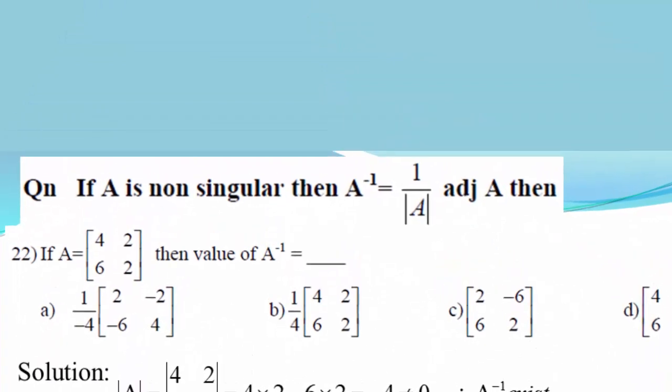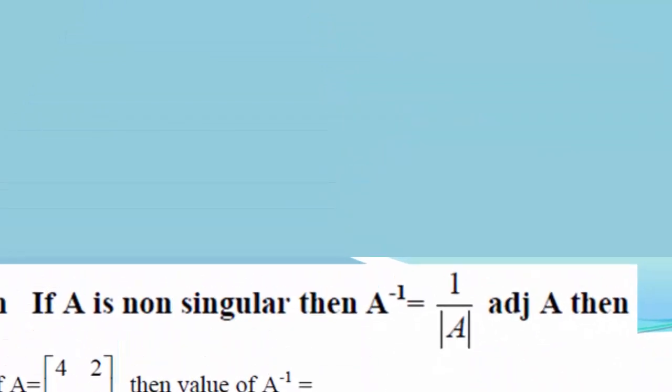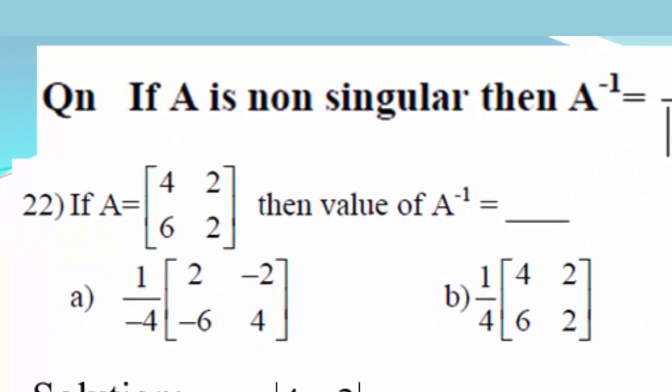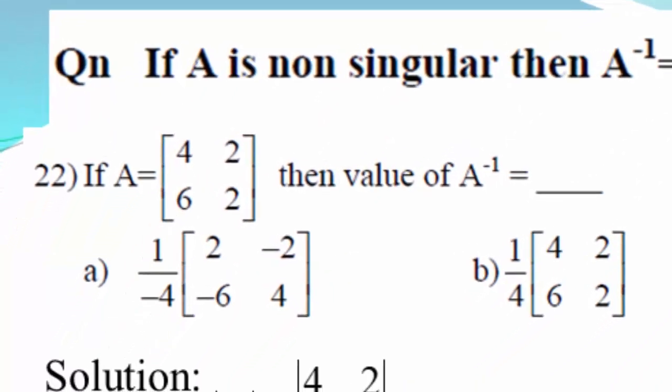Our next set of questions is based on finding the inverse by the adjoint method. The formula we are going to use is A inverse is equal to 1 upon determinant of A into adjoint A. So, for question number 22, if A is a matrix of order 2 by 2 with elements [4, 2; 6, 2], then the value of A inverse is?